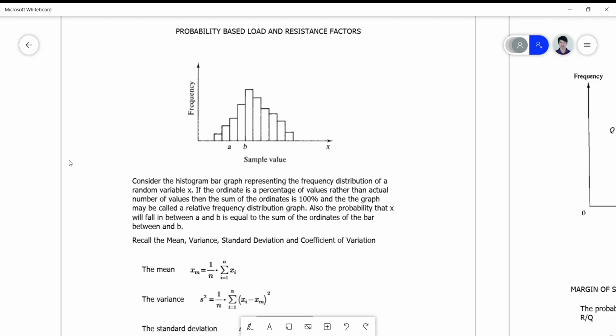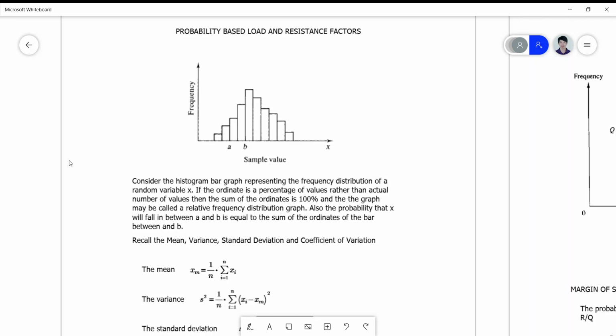Particularly, these are used for load and resistance factor design, wherein the strength, the under strength, and the overload factors, the multiple overload factors, are checked in terms of reliability index procedures.